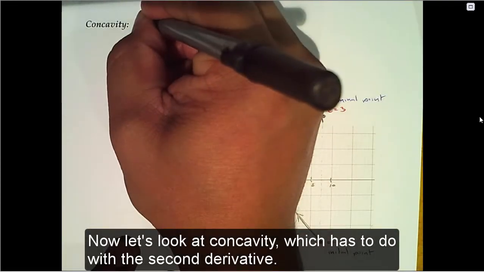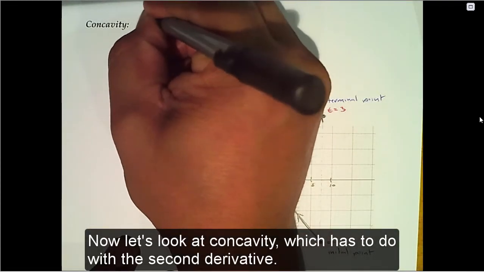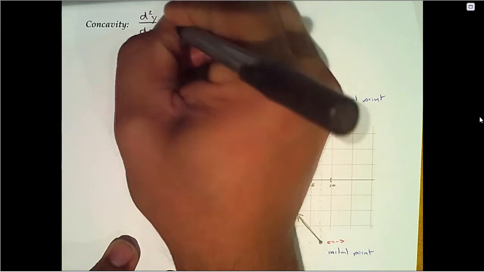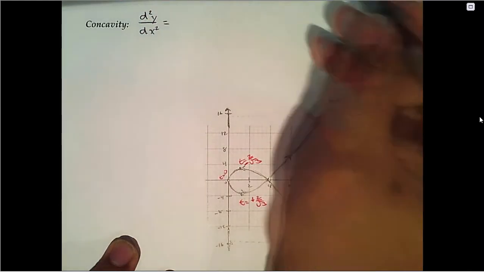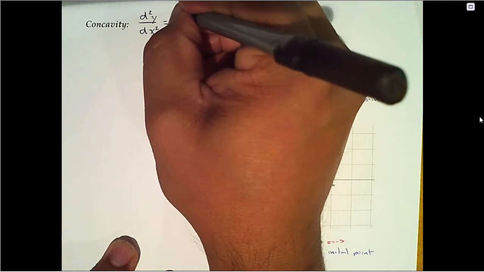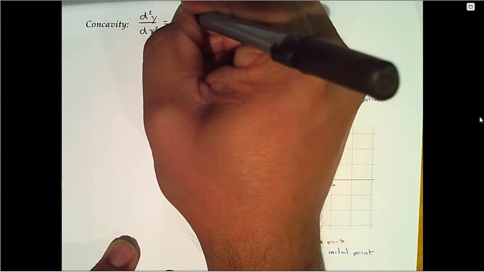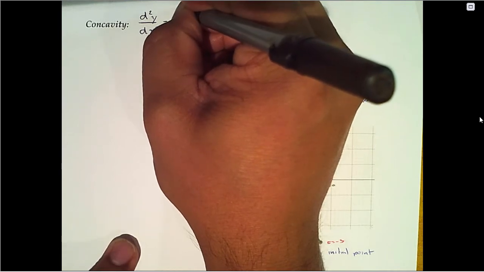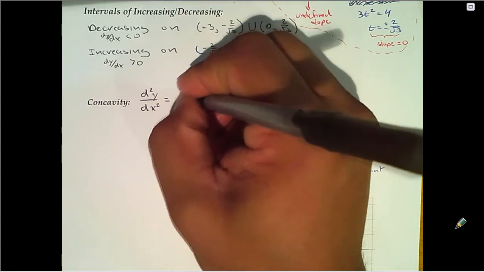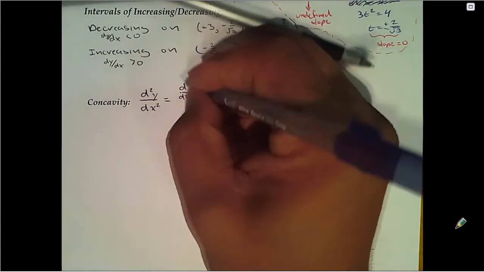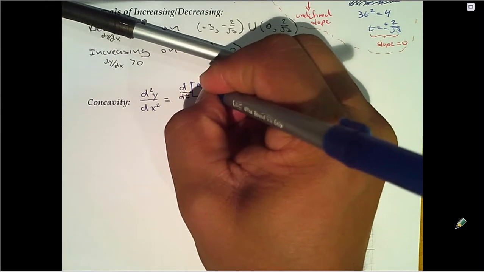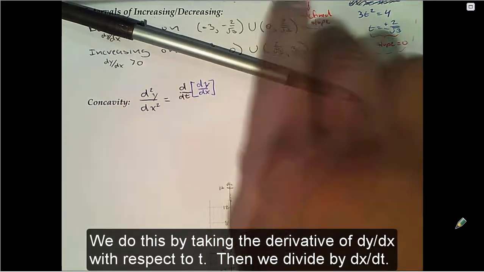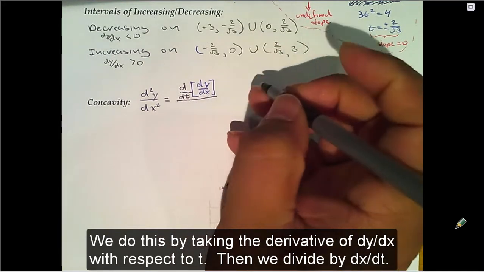Now let's look at concavity, which has to do with the second derivative. We do this by taking the derivative of dy/dx with respect to t, then we divide by dx/dt.